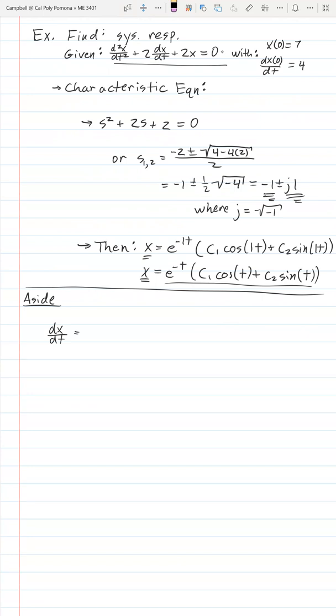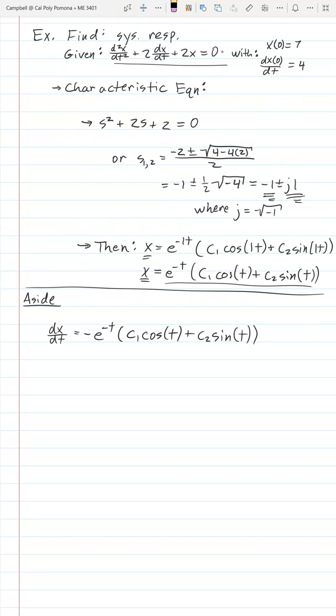So dx/dt is equal to, using the product rule, taking the derivative of the exponential function. We get a negative e to the -t. That's a little hard to say. And then we, of course, don't change anything in the parentheses: c1 cosine t plus c2 times sine t.